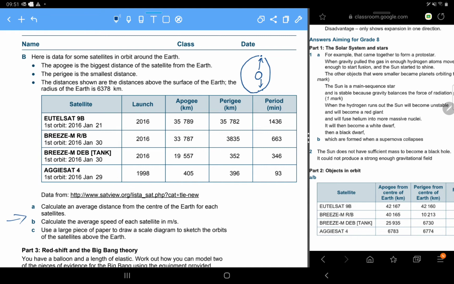Calculate the average distance from the centre of the Earth for each of the satellites. The apogee given here is actually from the surface of the Earth.